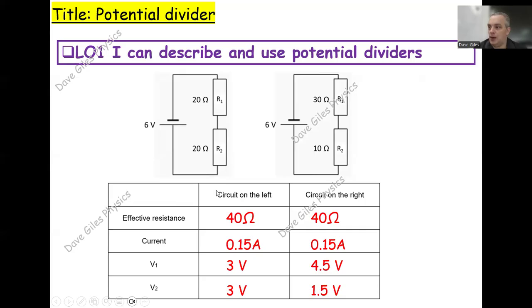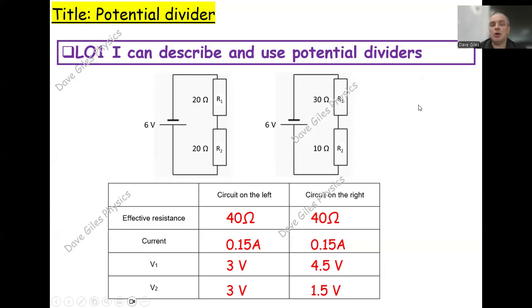For example, in the second one you've got 6 volts, and most of it, 4.5 volts, is across the 30 ohm resistor. On the right, only a little bit of voltage, 1.5 volts, exactly a quarter, is across the 10 ohm resistor.